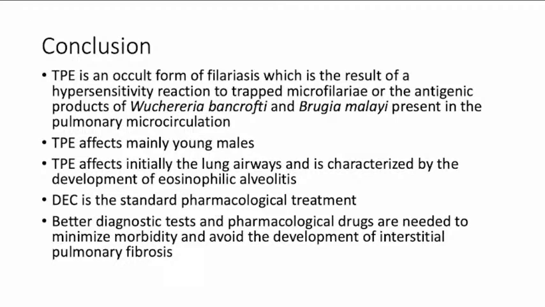The standard treatment is DEC, and we've talked about the alternative treatment in patients who are non-responsive or have treatment failure, and the precautions you need to take for those groups of patients. And then we need better diagnostics and pharmacological drugs to minimize the morbidity and to also avoid the development of interstitial pulmonary fibrosis. So this is my last slide.